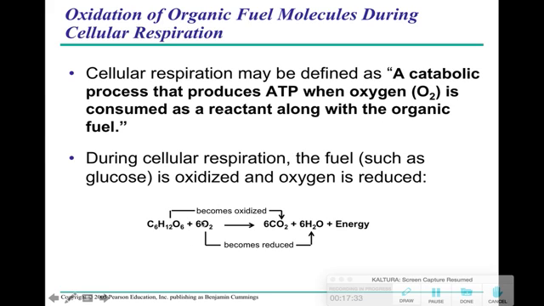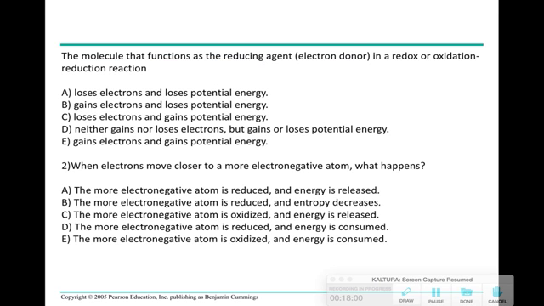Oxygen is the one which is pulling the electrons and causing this flow of electrons, and that is how energy is released from the food molecules. So this is completely a redox reaction, or a set of redox reactions. It's filled with a set of redox reactions.